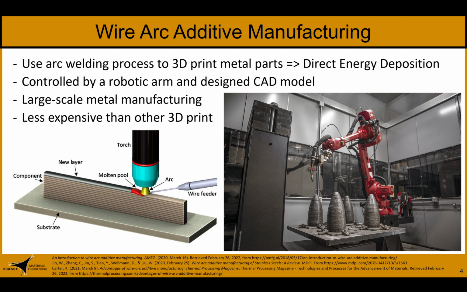Wire arc additive manufacturing typically produces near-net shape parts, and we can see those parts in the right picture. But the surface finish is poor. The surface of the part needs to be finished by machining before actual use. So that could be an additional cost of this technique.